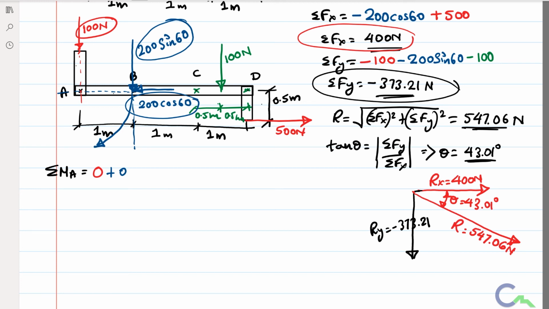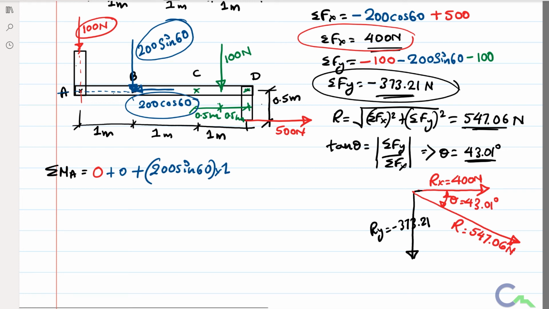If I take this as radius, if I am trying to create one circle, it is going to create in clockwise direction. Therefore plus 200 sin 60, the perpendicular distance, that is 1 meter. So distance, or lever arm, is 1 meter.